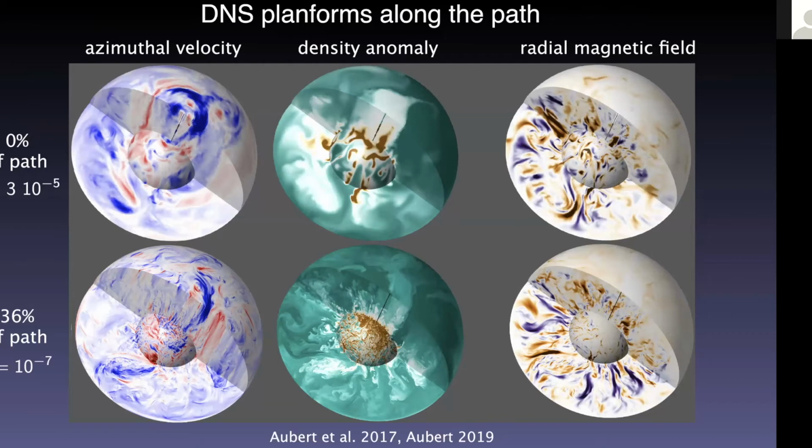If you go along this path that I have introduced, you can see this enrichment in small scales of the density anomaly and velocity field, but not of the magnetic field. And you can see that the large scales actually remain very strikingly stable. So that's an important property of this path.